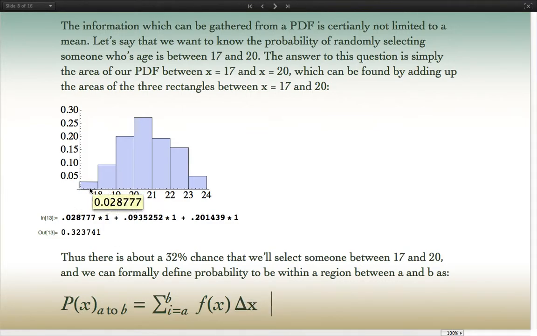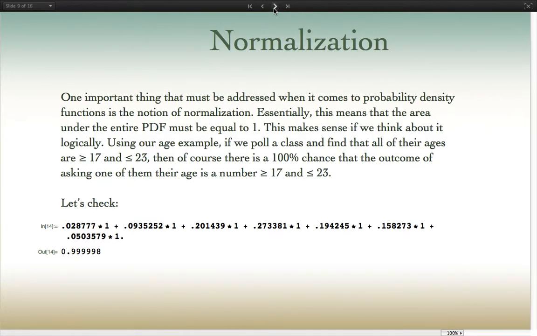Essentially, we're finding the area under this jagged curve here. And hopefully when I say area under the curve, that makes you think about an integral, because when we get into continuous ones, you're going to see that this transitions into an integral. So it's just the area within the region of interest that is the probability of finding something in there.